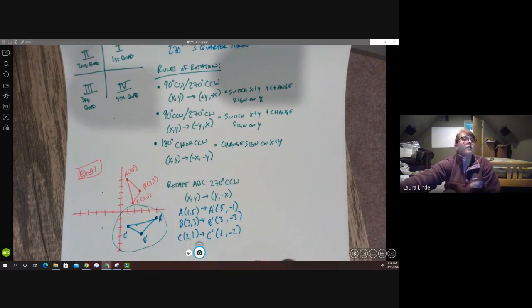Okay, so the trick here is making sure that you get your coordinates right. So when you're doing your IXL for this, it would be a good idea to have a piece of scratch paper nearby so you can write down coordinates and then write down the new coordinate version. Just doing these ones in your head can be a little bit difficult and it's really easy to make mistakes. So we want to make sure that we have paper nearby.